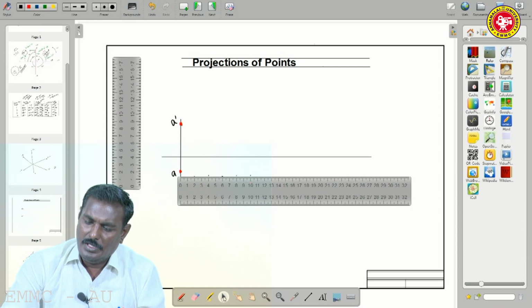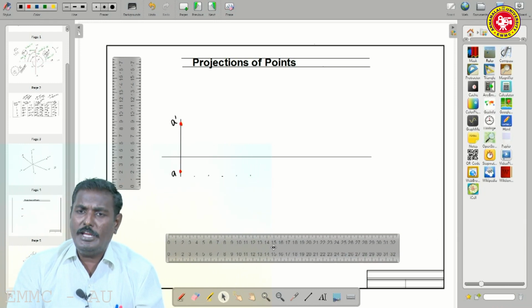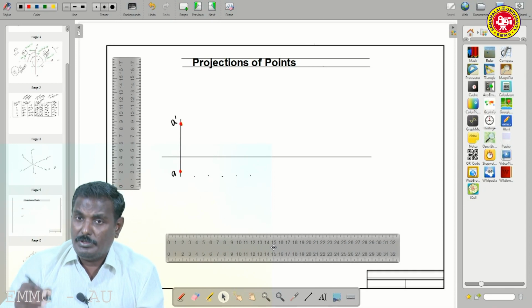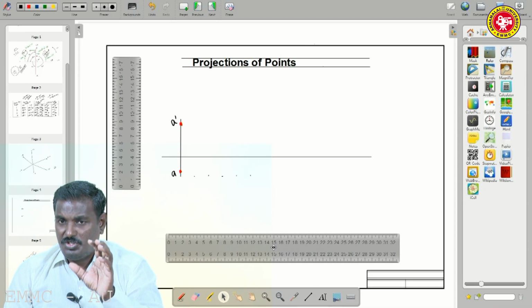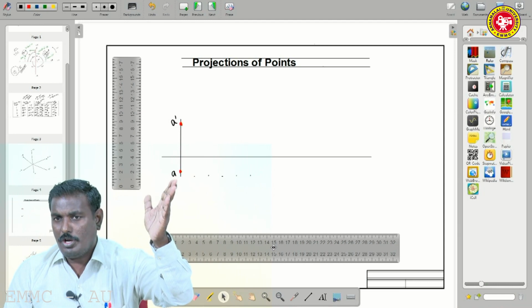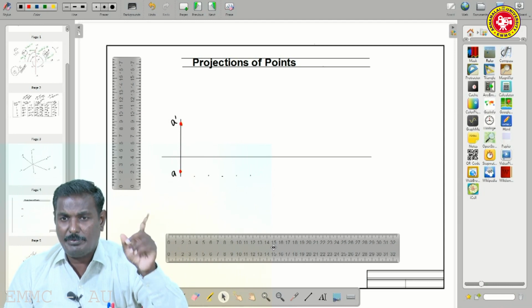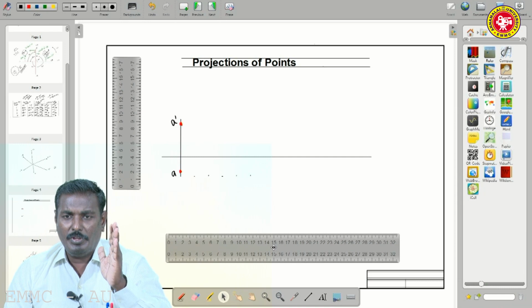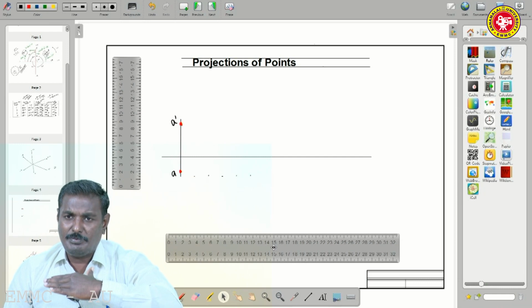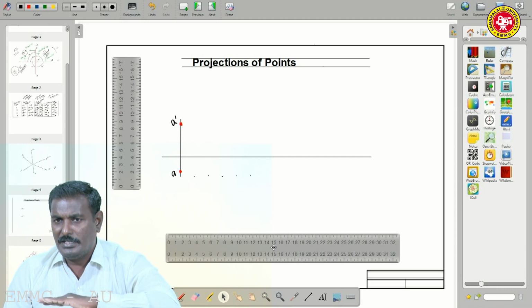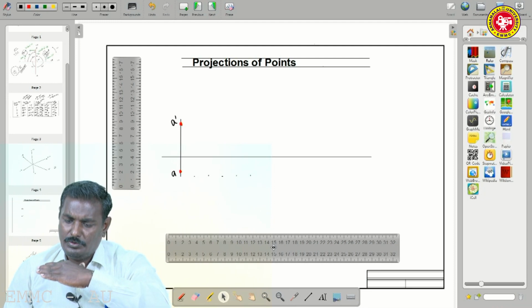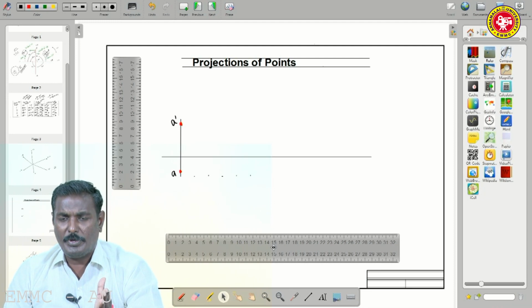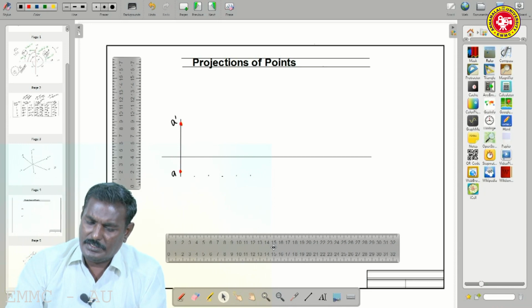After marking, draw projectors using the mini drafter scale. Take the mini drafter scale and fix it at the top left corner, that is for right hand practice. Fix the horizontal scale parallel to any one of the borders and draw a horizontal line. For that horizontal line, confirm and use the perpendicular scale to draw projectors.